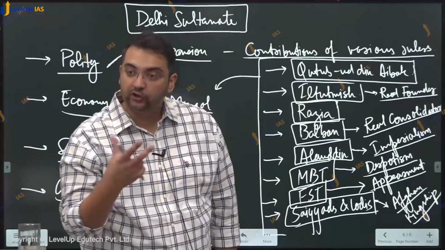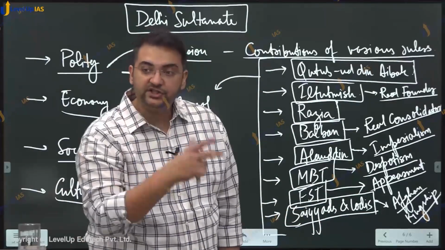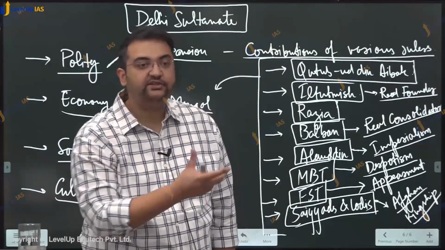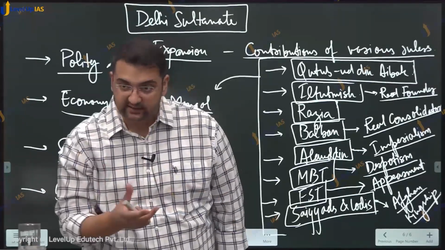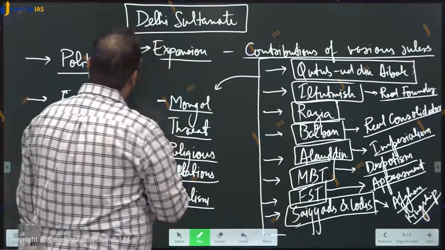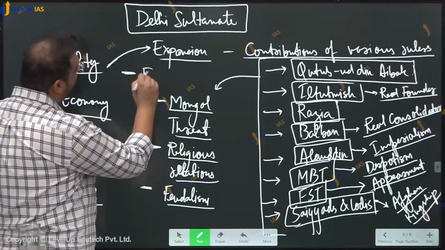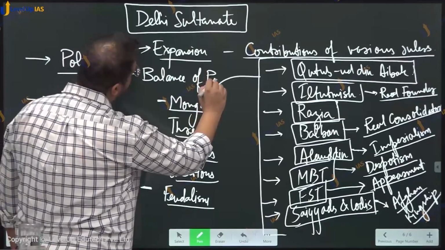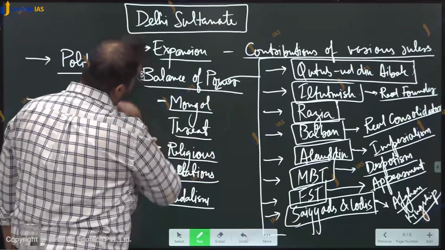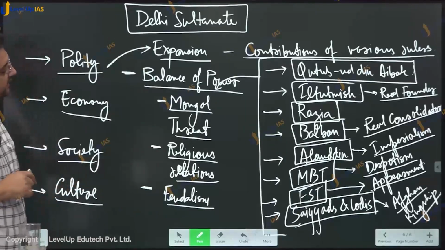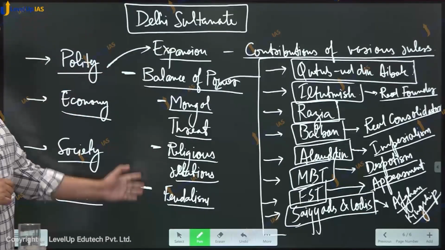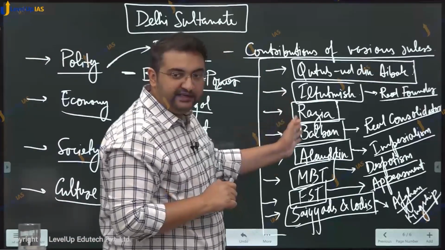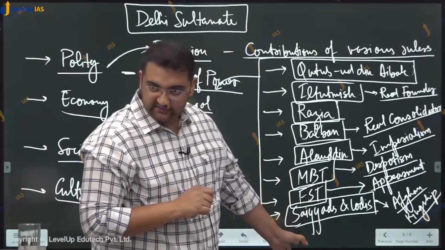Including the position of the sultan himself, his relationship with other power centers such as the military, the ulema, the nobility, etc., and how they all vied for a balance of power. And it is within this framework that we need to study the achievements and failures of each of these personalities.